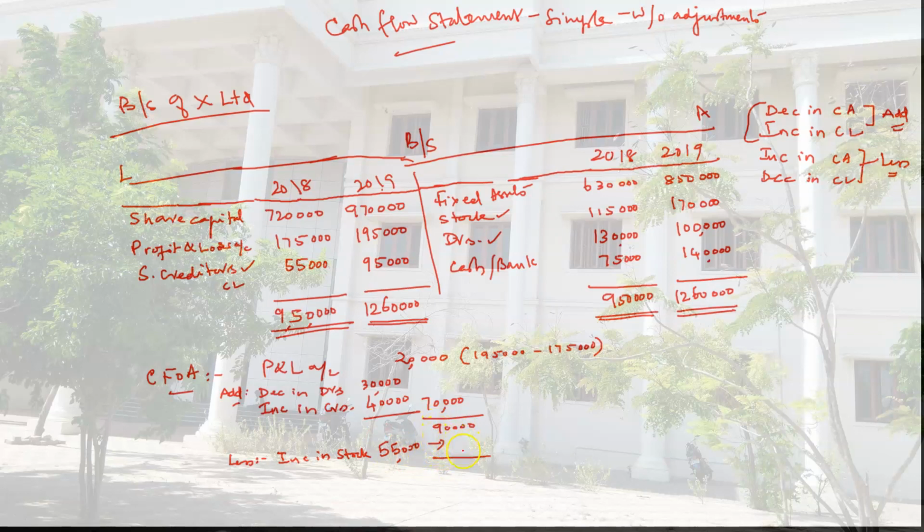We get 35,000 as net cash from operating activities. Here we have not adjusted non-operating and non-cash expenses because the question gives only the balance sheet.